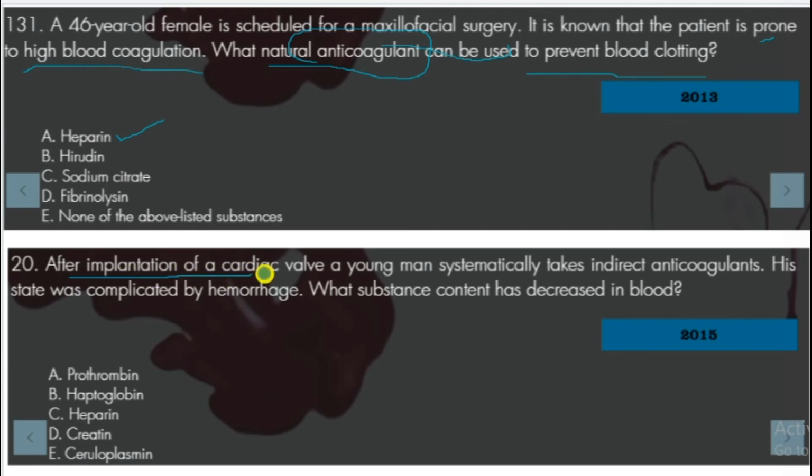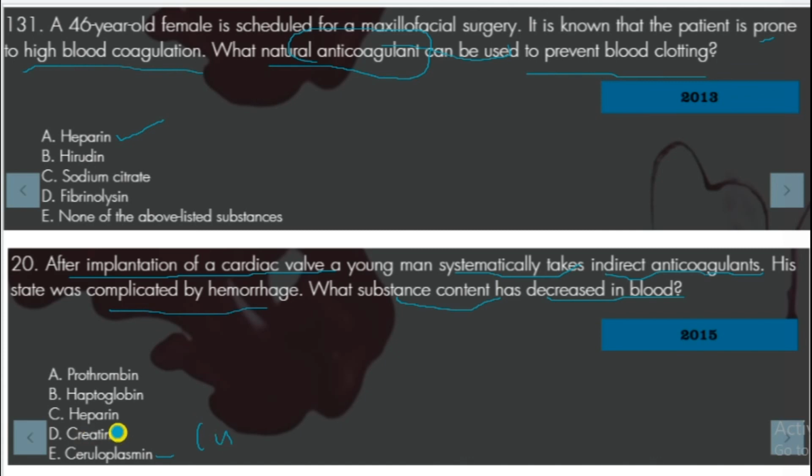After implantation of a cardiac valve, a young man systematically takes indirect anticoagulants. His state was complicated by hemorrhage because loss of blood will occur. What substance content has decreased in the blood? Ceruloplasmin, no, it is associated with copper transfer.